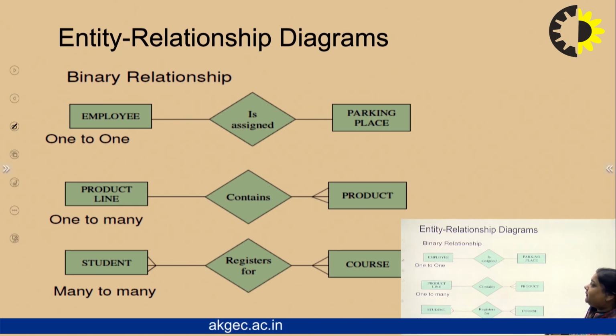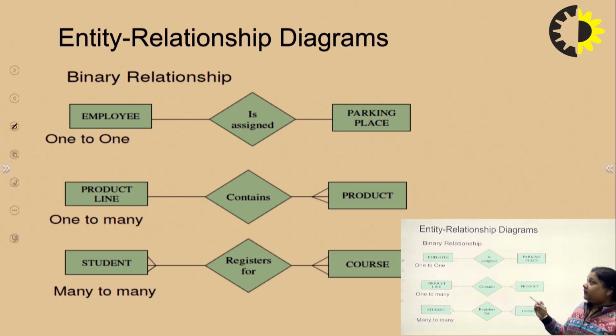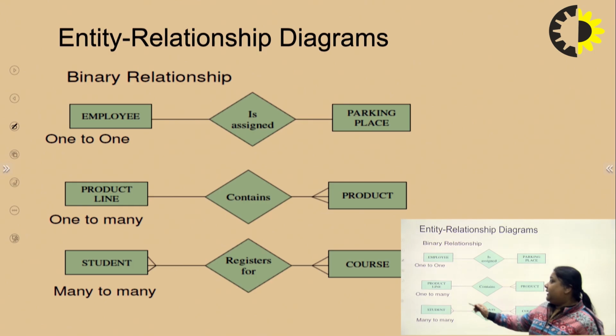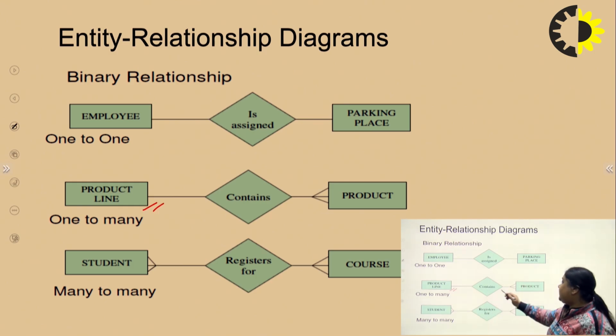Now an example of a binary relationship: an employee is assigned a parking place, that is one-to-one. That particular employee is assigned only one parking space. Then a product line contains products.